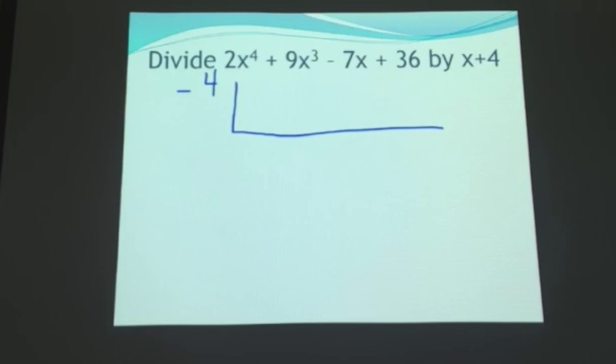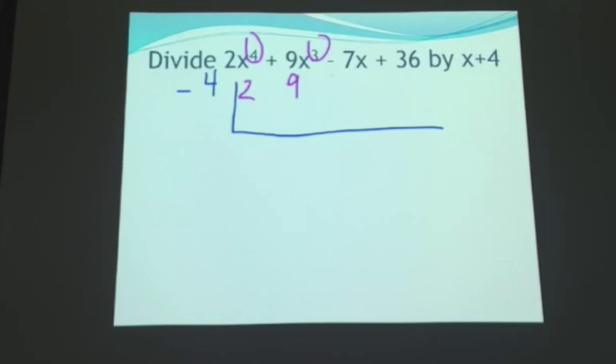Anybody think they found the tricky part to the problem? Remember we talked about how important the exponents are and not to skip any exponents? I have a fourth, I have a third, I don't have a squared. So when I set up my synthetic division problem, I'm going to put the 2, the 9, but then what's really in front of my x squared?